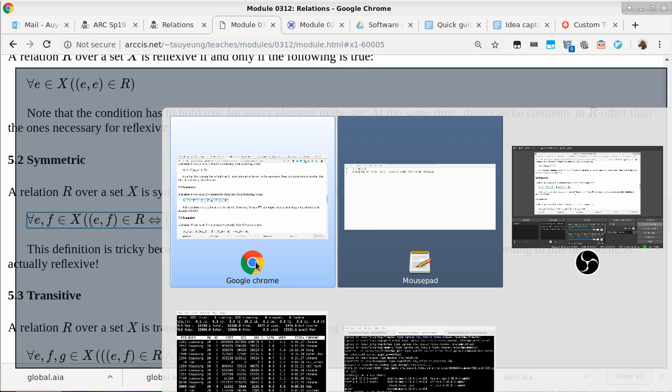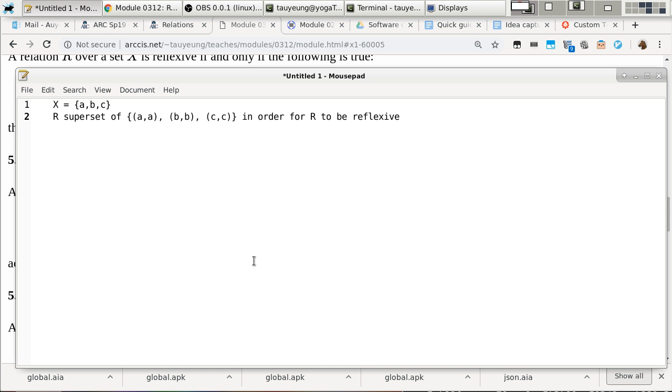So now going back to our example, continuing to use X equals ABC, the simplest R that is symmetric is this. If R is empty, it is automatically symmetric. Are we good so far? Because nothing is related to anything, right?